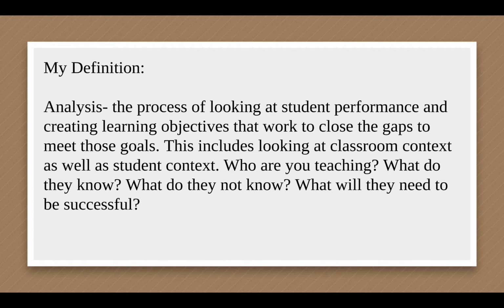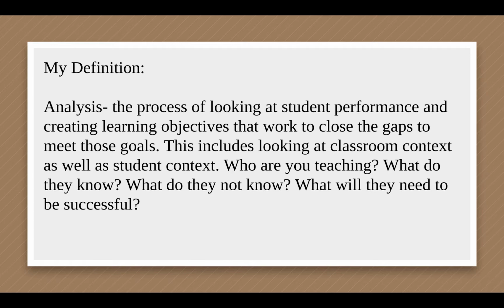So as I said, with all the previous definitions, looking at not only who you're teaching, but where, what they know. You need not only the context of the learning objectives and the kind of skills and information they need to know, but also the context of the learners themselves.